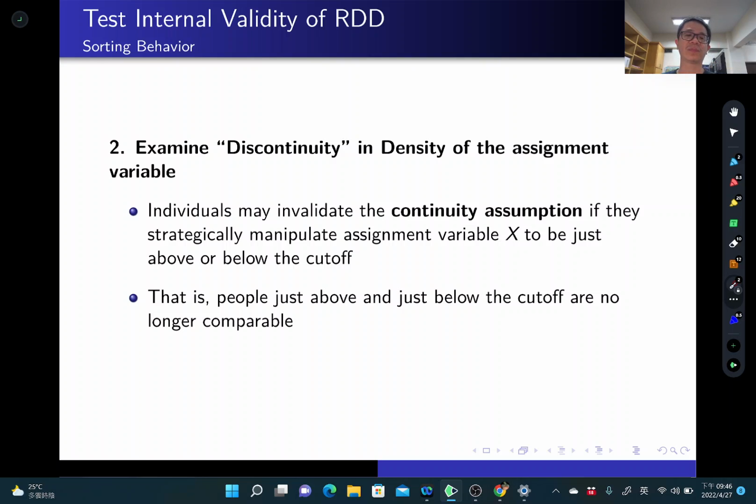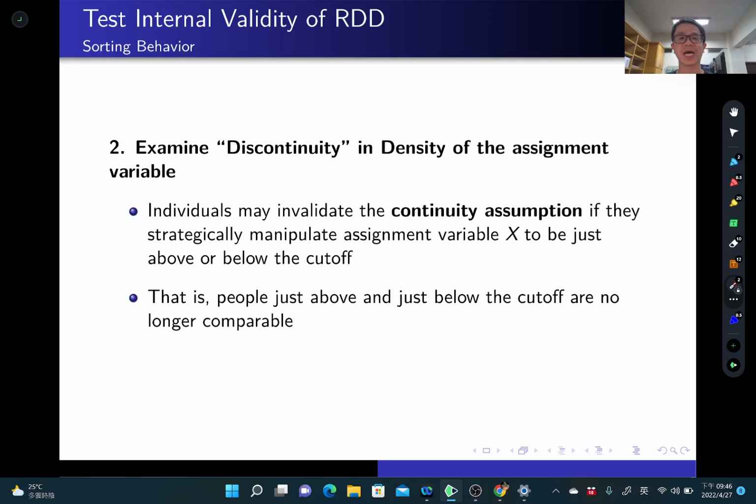So if individuals can manipulate their assignment variable, that will also invalidate the continuity assumption, because they can strategically manipulate their assignment variable to above or below the cutoff. That means people can select to get a treatment or not to get a treatment. And that will create a selection bias.